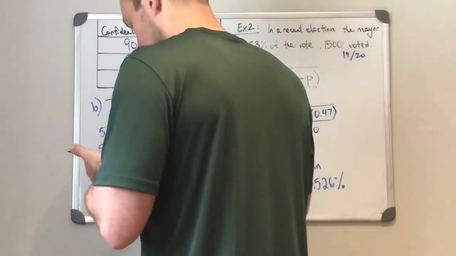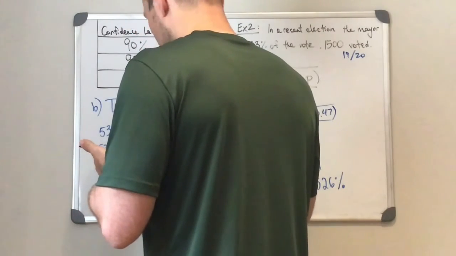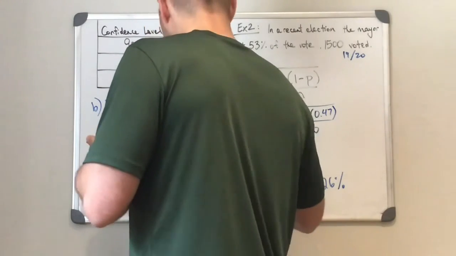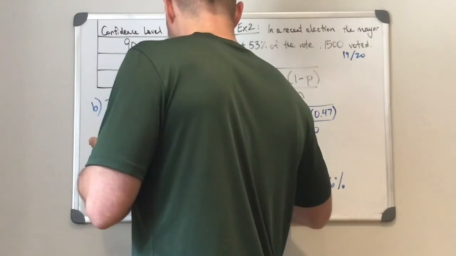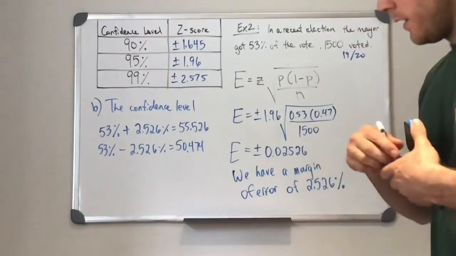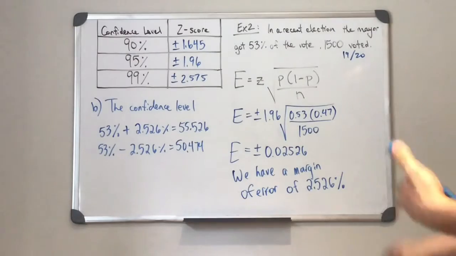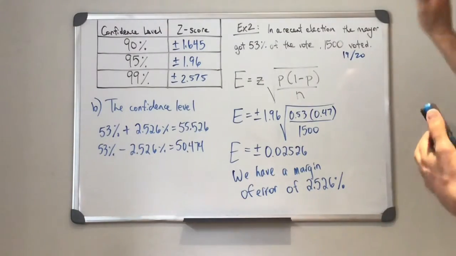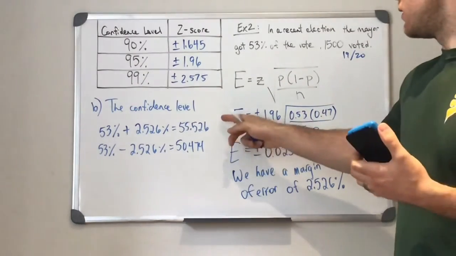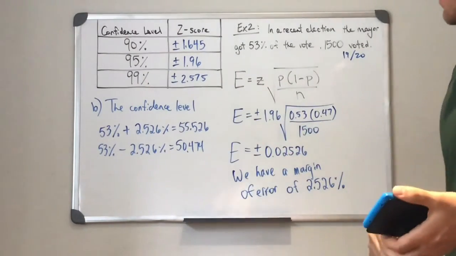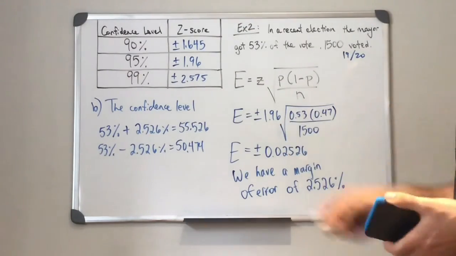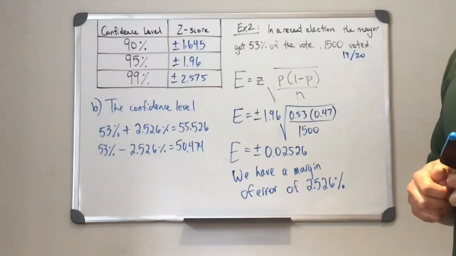And if we subtract it, okay, so what does this all mean, tying it all together here? We're 95% confident that the vote should be between 50.4 to 55% for this candidate in this election.